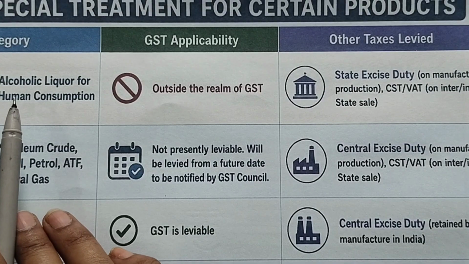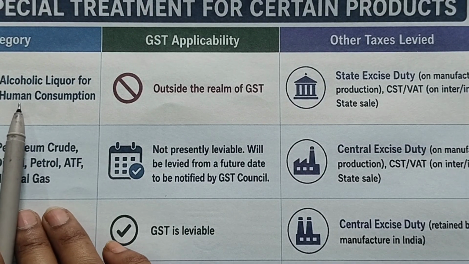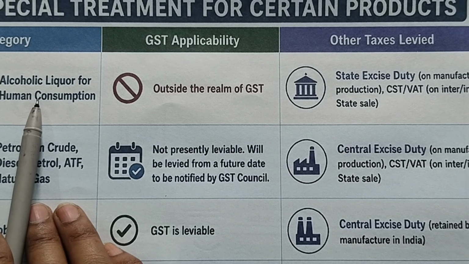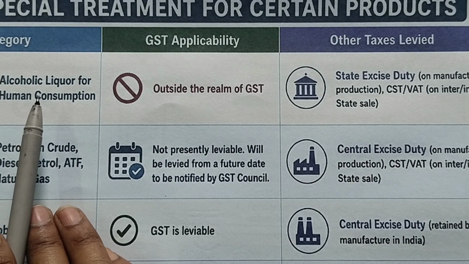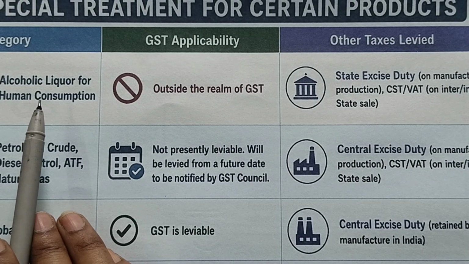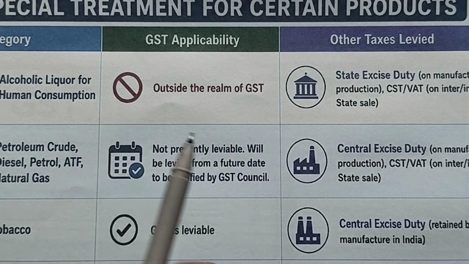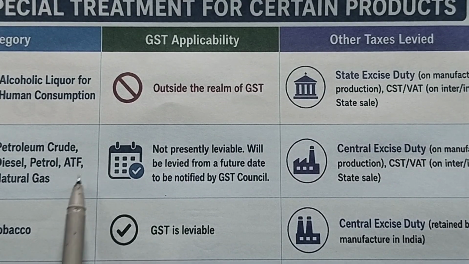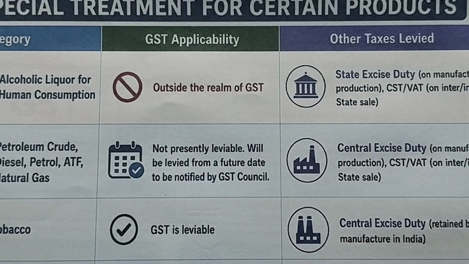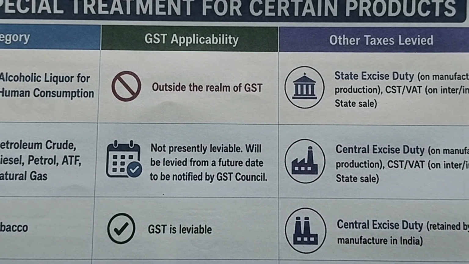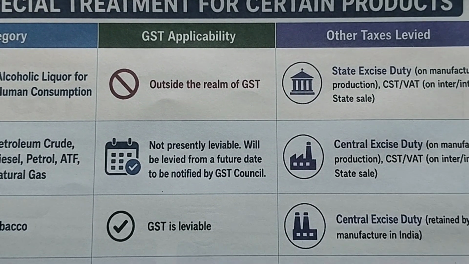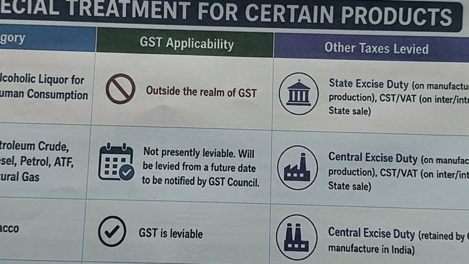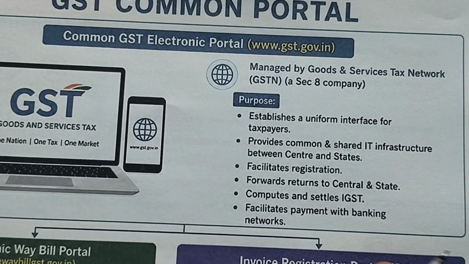Under alcoholic liquor, two other products are also not coming under the GST, that is denatured neutral alcohol and rectified spirit. They are also outside the GST purview. ATF means aviation turbine fuel. And these products are either kept outside the GST or subjected to special tax treatment due to their unique nature, revenue consideration, and existing taxation framework.